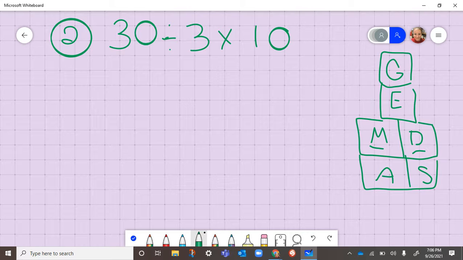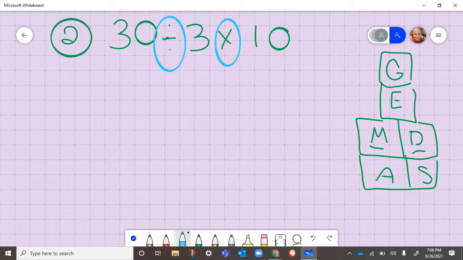We talked about this a lot in class. Some of us are being stubborn and always trying to multiply first, and you're getting it wrong. It's a really simple fix. You have to pay attention to what comes first. Here, division comes first on the left, and the multiplication comes second.